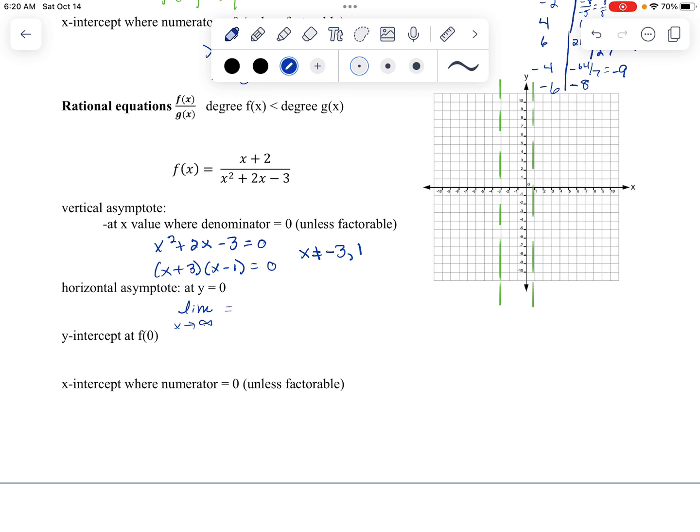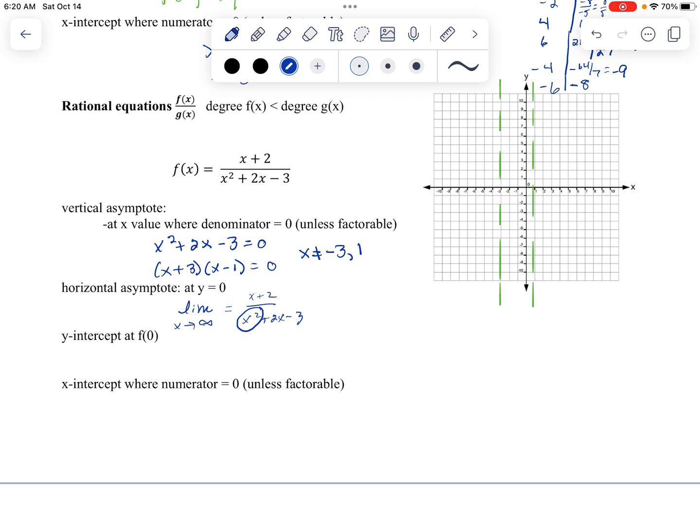Notice at the top, we have x plus 2, and down below, we have an x squared plus 2x minus 3. As x gets really, really large, let's say 1,000,000 or 1,000,000,000, this square is going to make the denominator just explode in proportion to the numerator.